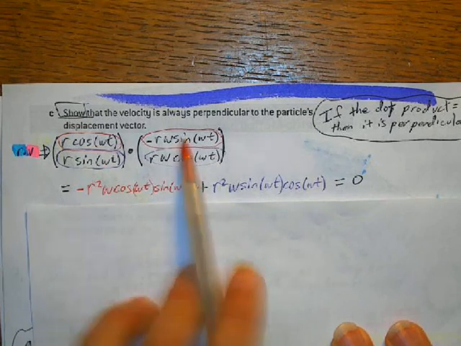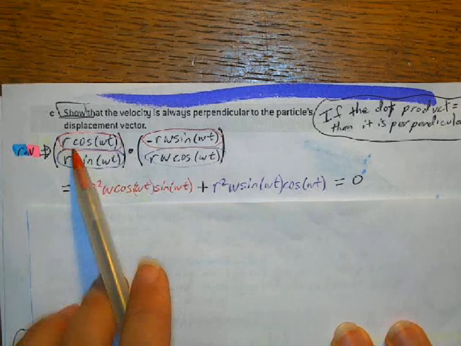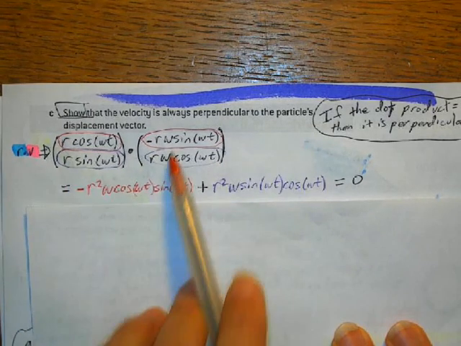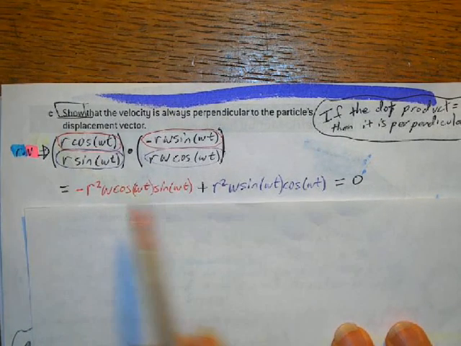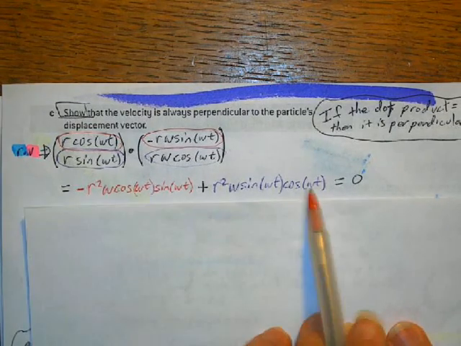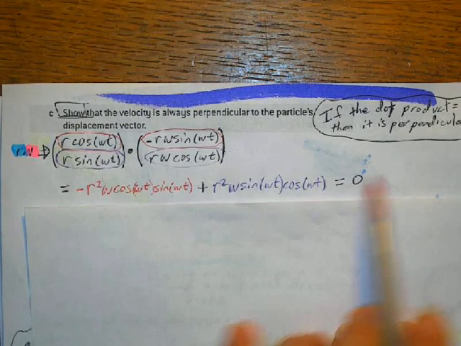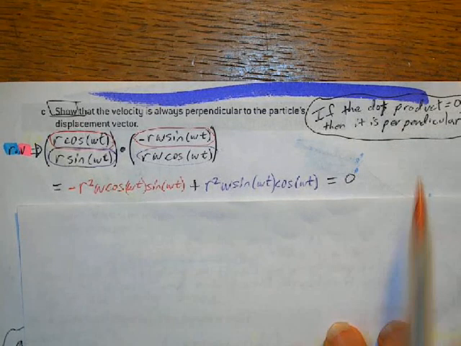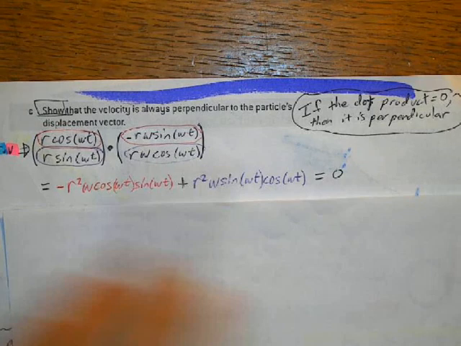I end up with r times r, which gives r squared, a negative, an omega, and cosine omega t times sine omega t. Multiplying the bottom values gives the same thing, except that one is negative. So if I add them together, we end up with 0. Thus we've proven that it's perpendicular, because the scalar product is 0.